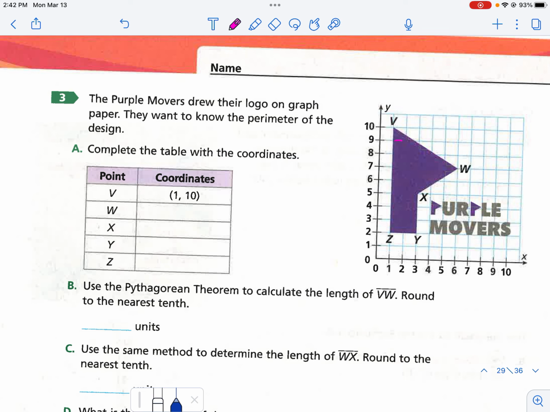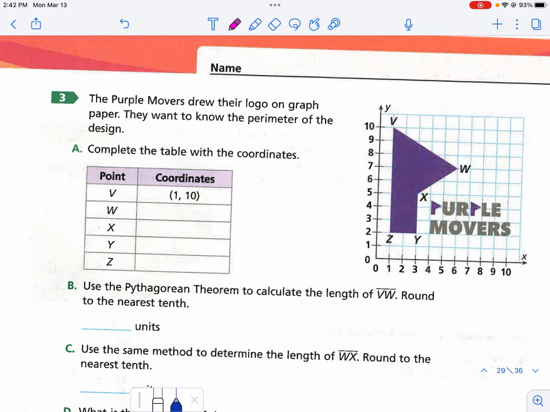I can make a triangle right here, can't I? I could make a triangle here. Oh, look at this, I like this. I could make a triangle like that. So there are different ways that we can do this. Let's see what the directions say.